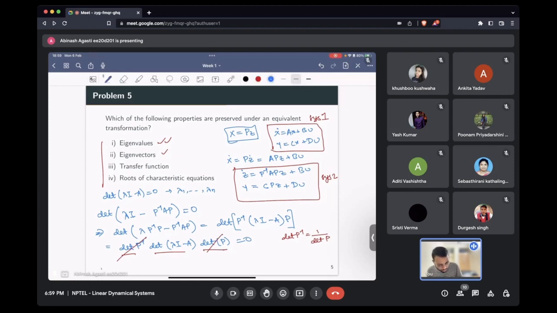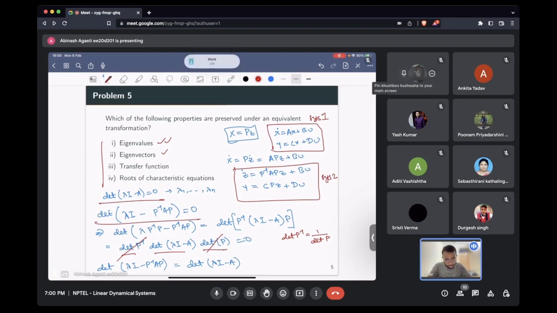So the determinant of lambda I minus P inverse AP equals the determinant of lambda I minus A. Since the left-hand sides are the same, when I solve for lambda in these two equations, I'll get the same set of solutions. So lambda will remain the same. This is one answer.